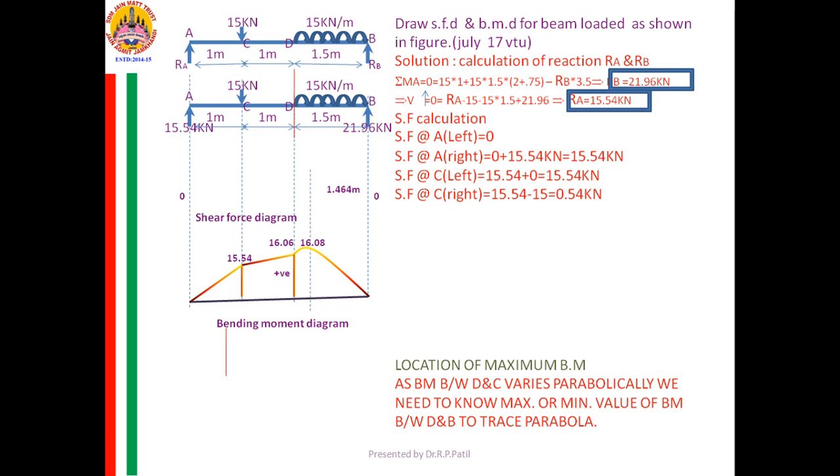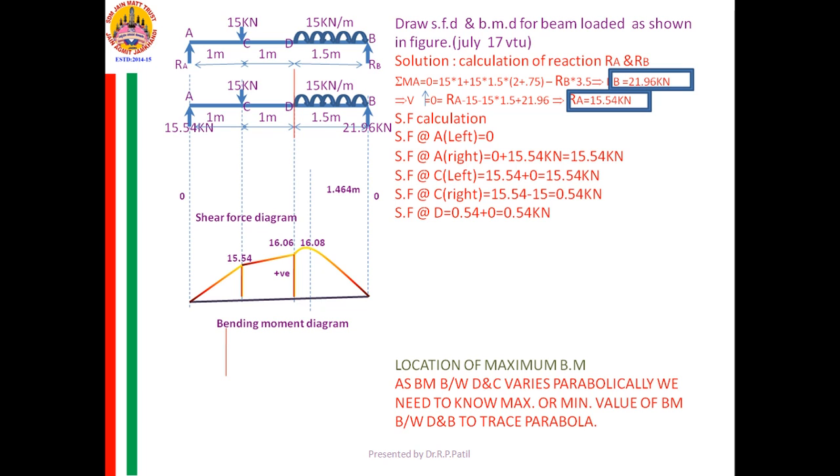No. That is why whatever is there, same will be here. Therefore, my calculation will appear like this. SF at D is equal to whatever 0.54 is there, that plus 0. Are you getting what I am doing? Yes, equal to 0.54 kilonewton.